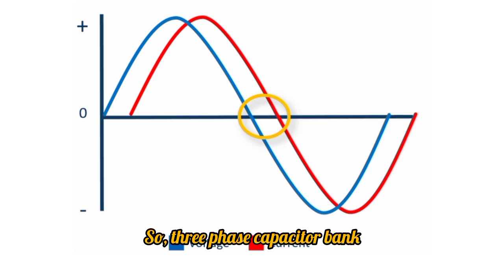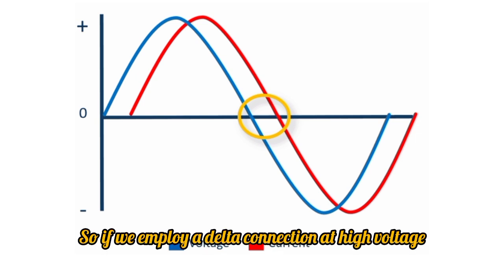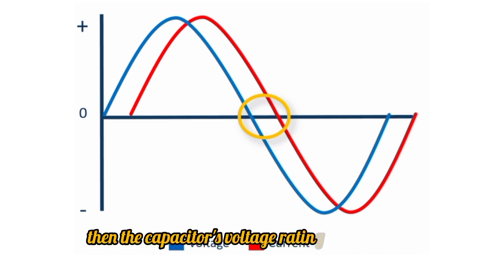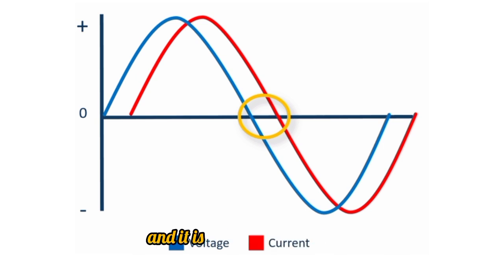So if we employ a delta connection at high voltage, then the capacitor's voltage rating must be high. Consequently, manufacturing of high voltage capacitors is expensive and sometimes impossible.